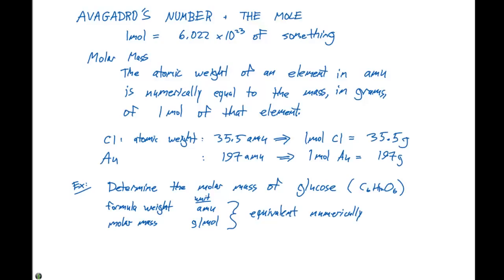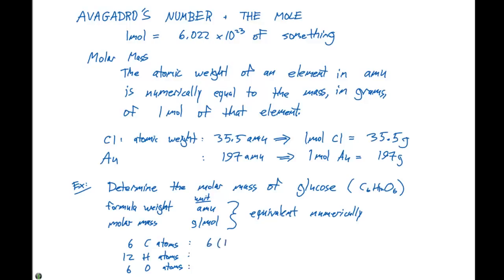So now let's determine what the formula weight is, or how much 1 molecule of glucose will weigh. In 1 molecule of glucose, we have 6 carbon atoms, 12 hydrogen atoms, and 6 oxygen atoms. Now we can look at the periodic table to see how much 1 atom of carbon weighs.